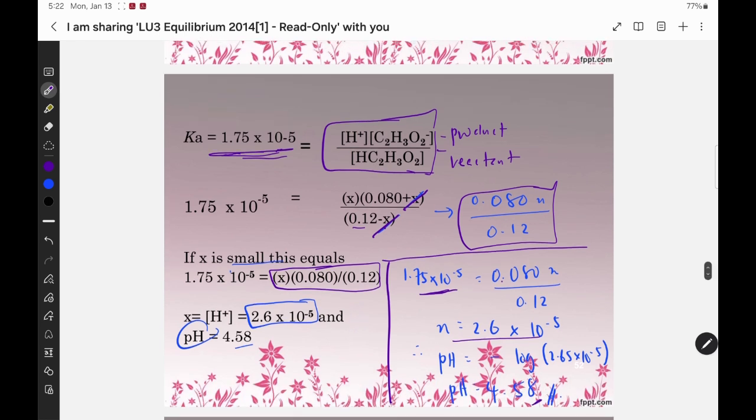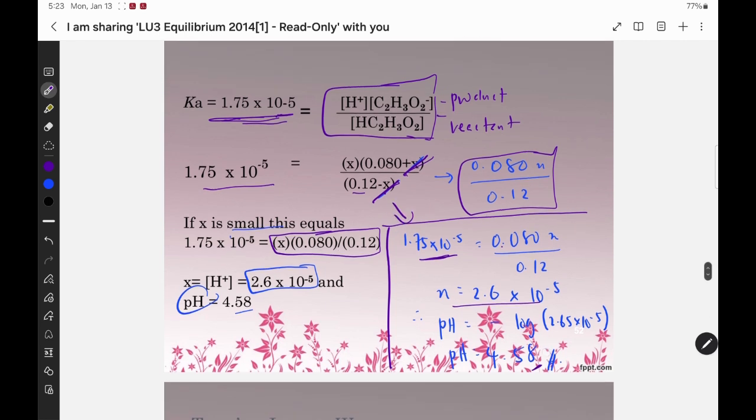But in this case, we can ignore this x because the x value here is small compared to the Ka value here, which is 1.75 times 10 to the power of negative 5. So in this calculation that I wrote, we just multiply this Ka value by 0.12 and divide it by 0.08, so we got the x value.